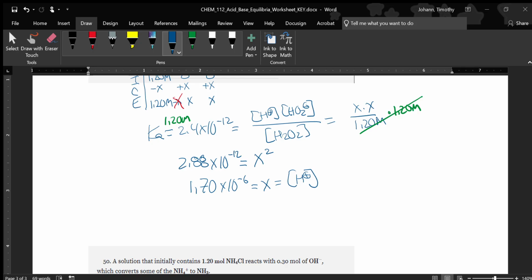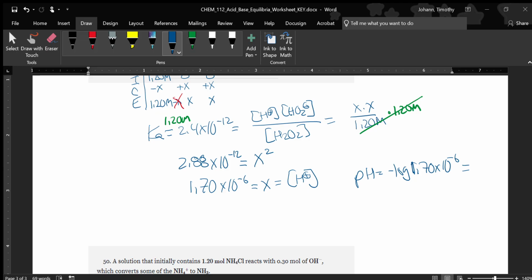Okay. And my pH is equal to my negative log of H plus concentration, which in this case is 1.70 times 10 to the negative 6th. I'll go ahead and put that in my calculator. 1.7 E negative 6.